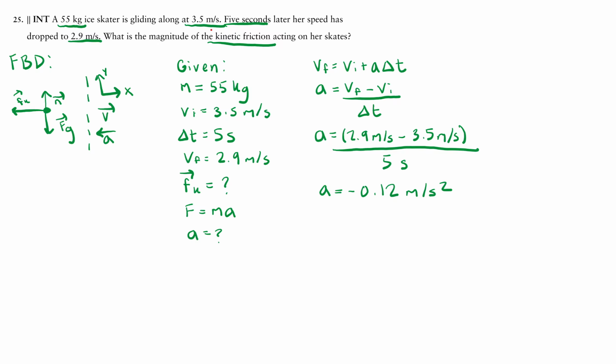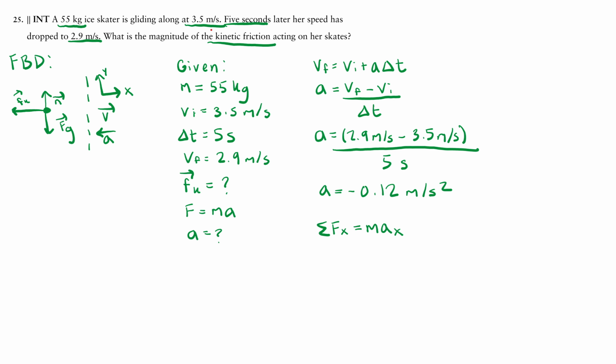So, kinetic friction is in the x direction. So we'll write that. So, the net force in the x direction is equal to the mass times the acceleration in the x direction.